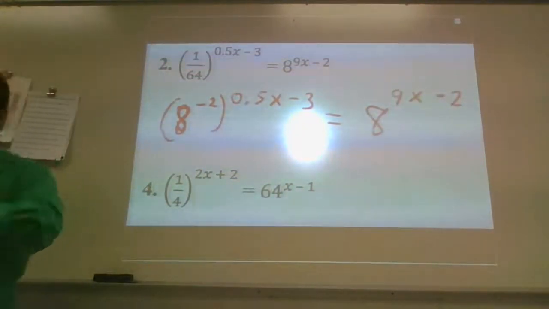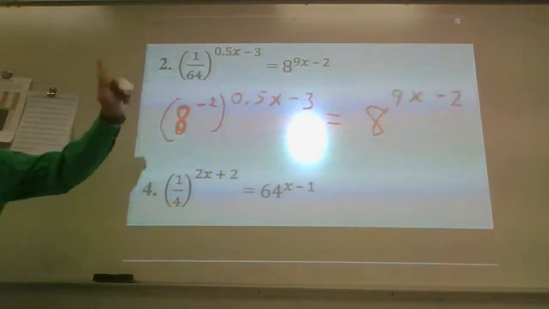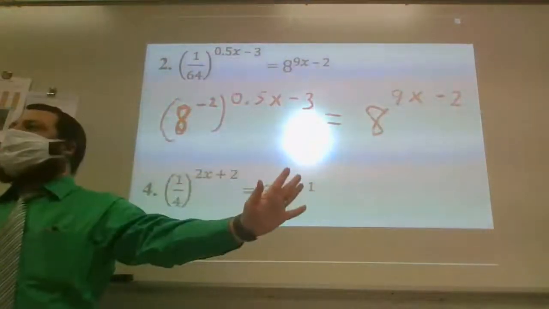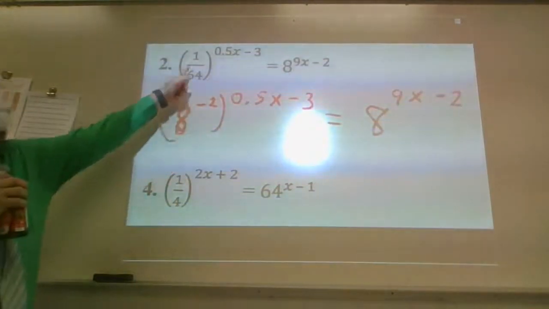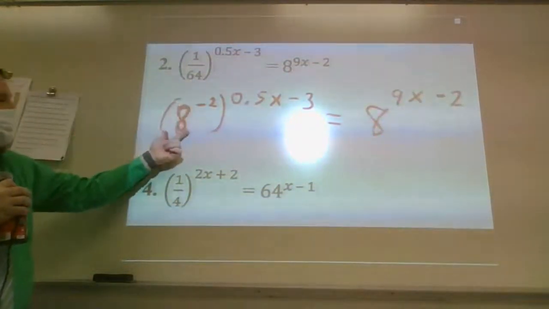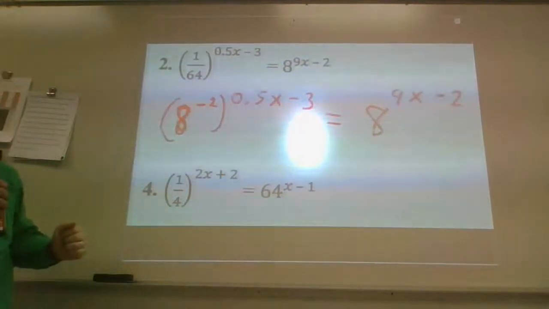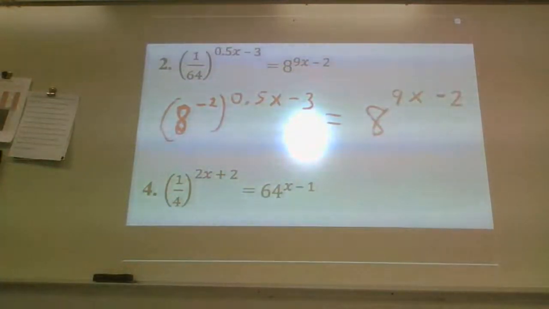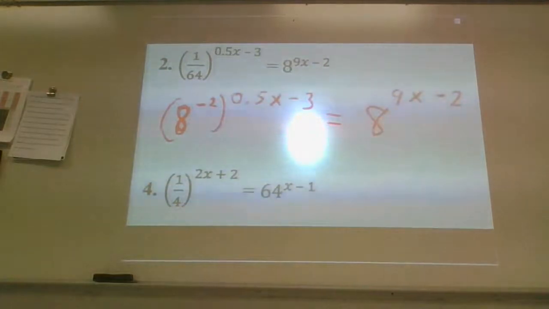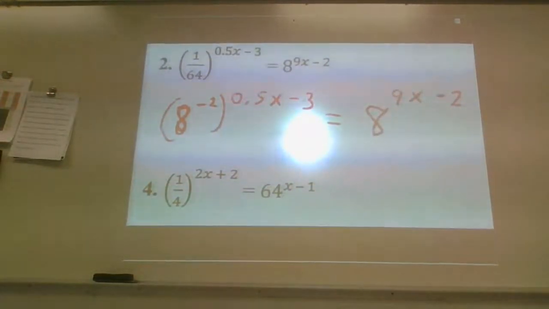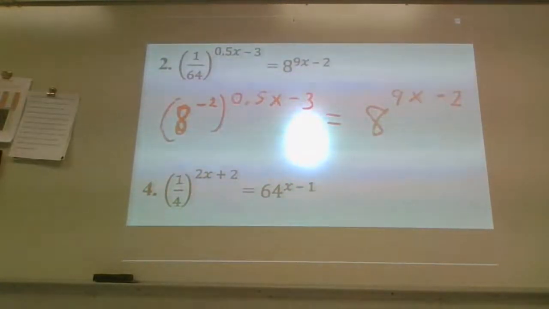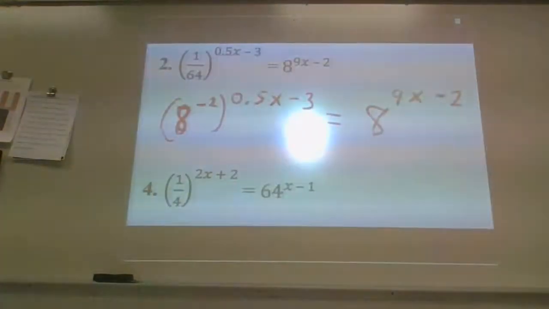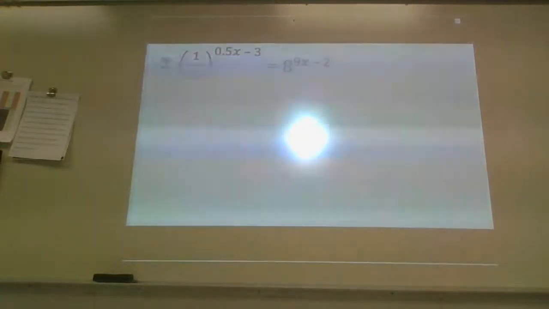But again, what I want you to take away from this is this. Number one, the right side, I did not change. The left side, the only thing I changed was the 1 over 64. I made it an 8 to the negative 2 power. So let's go back to our notes temporarily so I can write down this particular property, because we're going to be utilizing it a few times today.